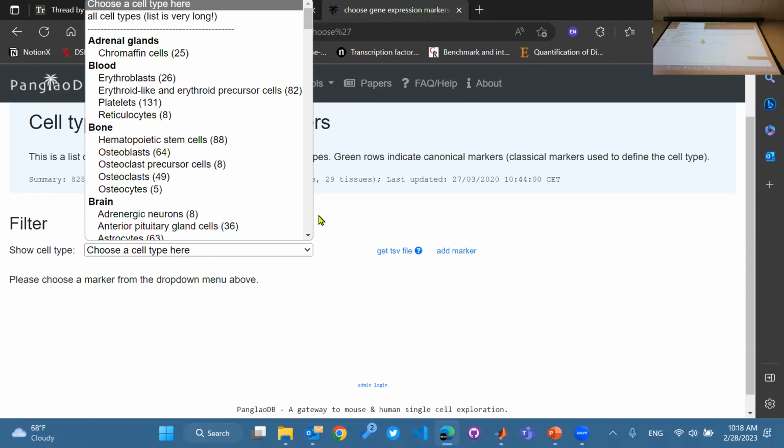Another thing we have to consider is the number of genes. It's not fair for a cell type that has only 2 marker genes. In that case, we have to take the average: you divide by 3 when you have 3 markers, and by 2 when there are only 2.